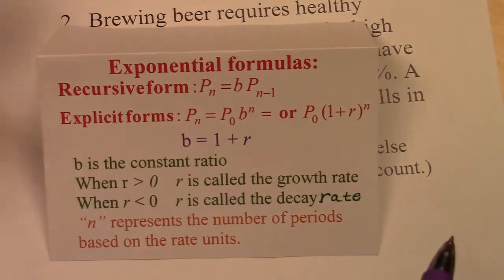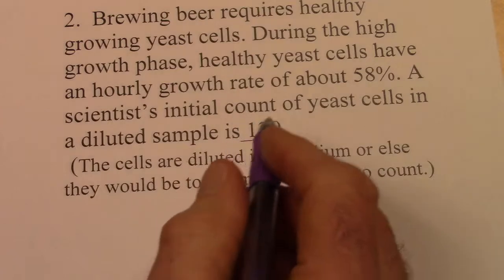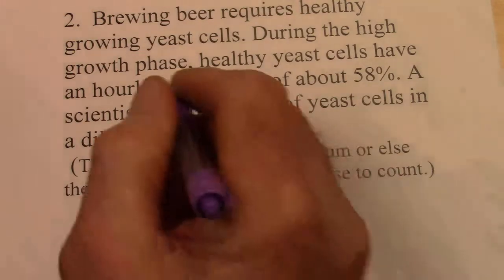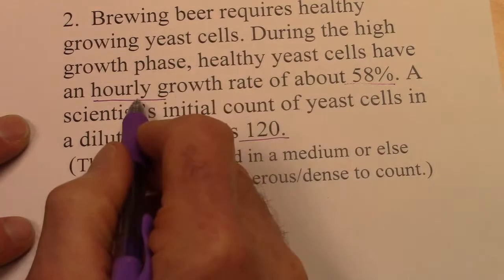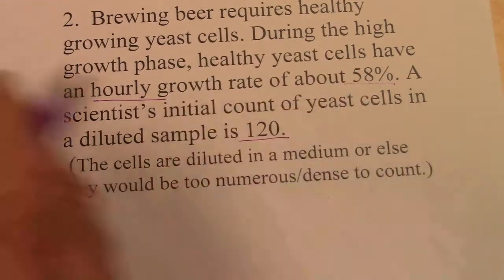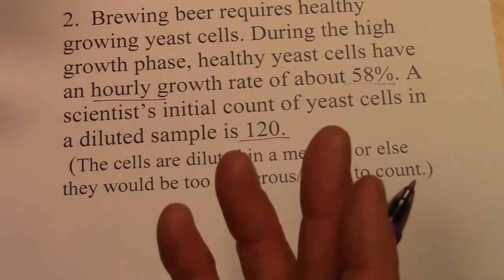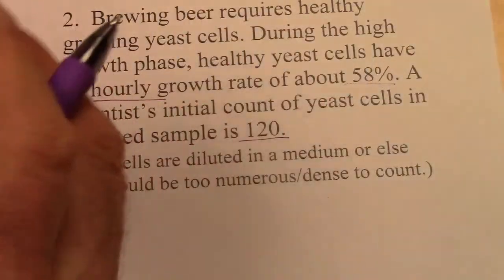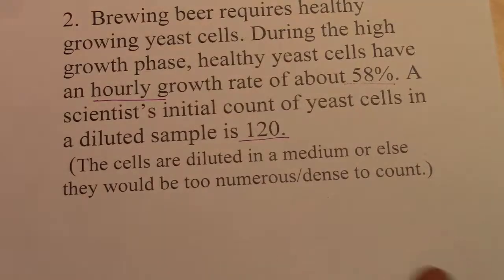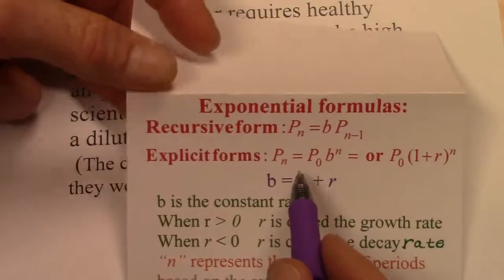This increases by a percentage. This is an hourly growth rate. After an hour, if it increases by 58%, you'll have a lot more yeast cells, and then the next hour you'll have even more. 58% of a bigger number will be a larger amount. So that's what exponential growth is about.